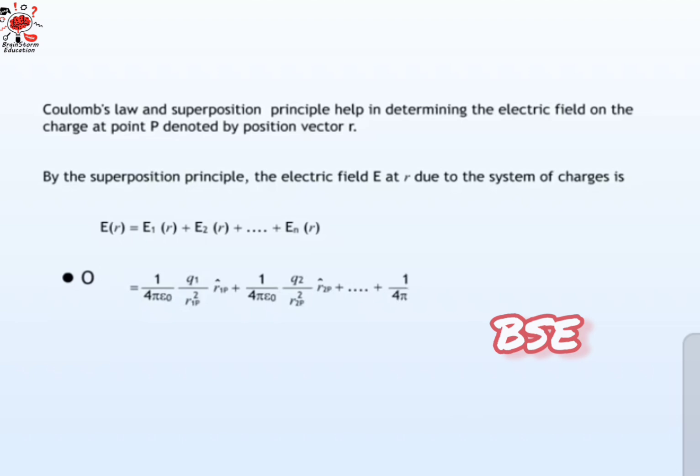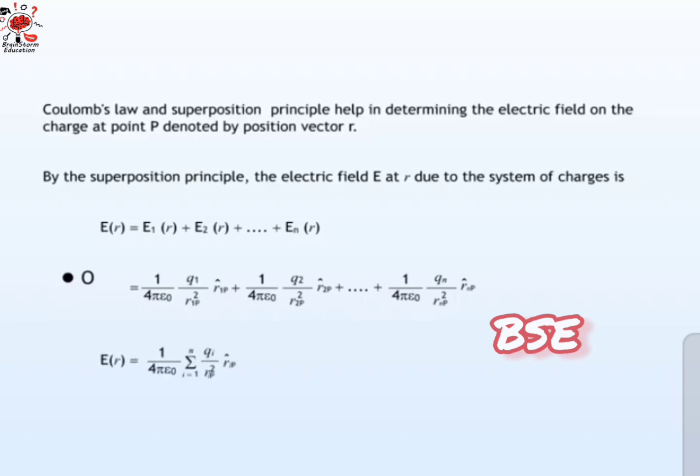Therefore, E(r) is equal to 1/(4πε₀) × q1/r1P² × r̂1P plus 1/(4πε₀) × q2/r2P² × r̂2P till 1/(4πε₀) × qn/rnP² × r̂nP.